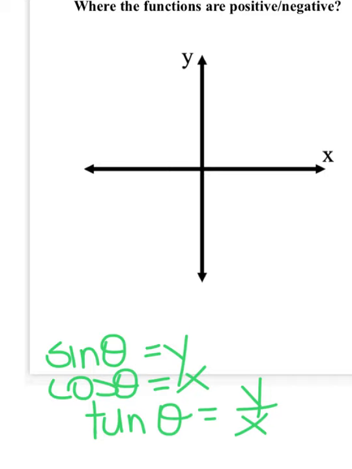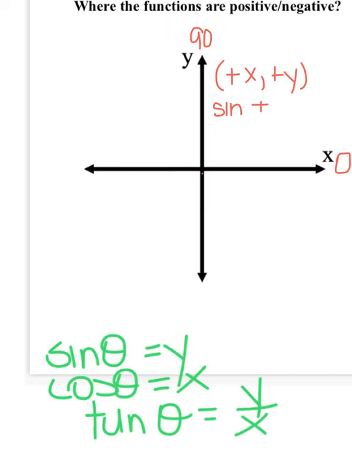So let's just look at the first quadrant. In the first quadrant, right, you move to the right and up from the origin. To the right and up, which means if you move to the right, you have positive x values, and if you move up, you have positive y values. So anything in between 0 and 90 degrees, that point will be positive, which means if the y value is positive, the sine is positive.